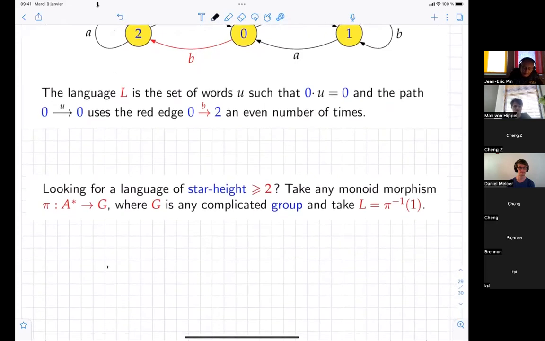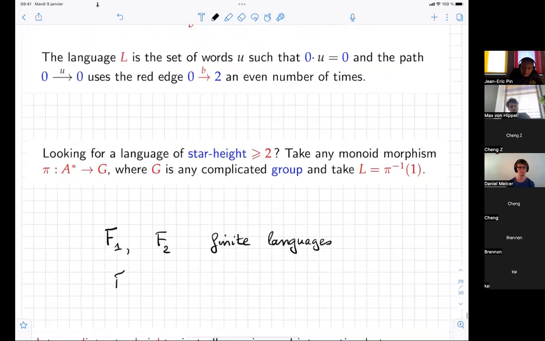You take F1 and F2, two finite languages, and then you look at F1 star intersection F2 star. Since it's a monoid, it can be rewritten as R star.